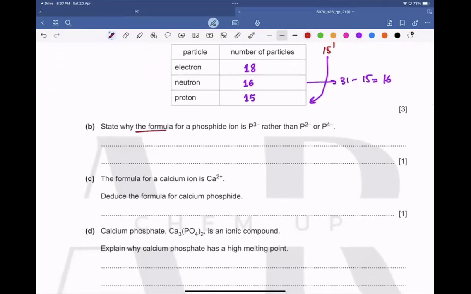Now, state why the formula for phosphide ion is P3 negative rather than P2 negative or P4 negative. Yes, because it gained 3 electrons to complete its outer shell. Very good. Yes, Heather and Rahim.